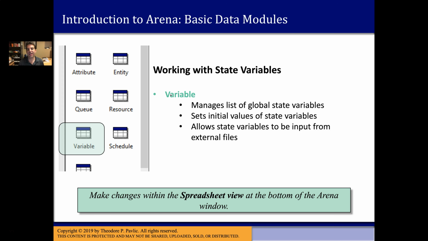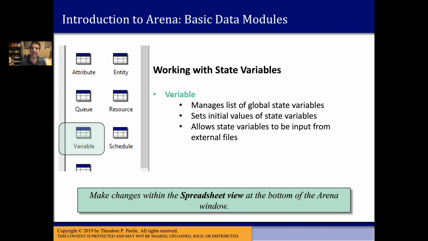If you wanted to keep a count of the number of times a particular thing happened in your simulation, that would be something you could create a variable for. Or let's say you've got an inventory management simulation and you send an order out, and you want to keep track of whether that order has been processed.